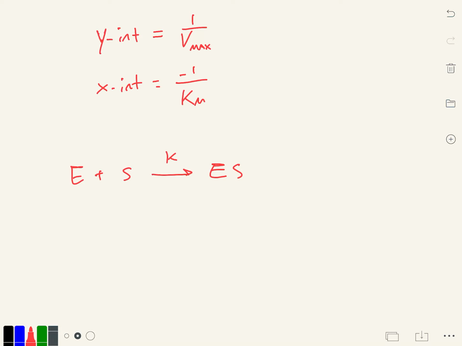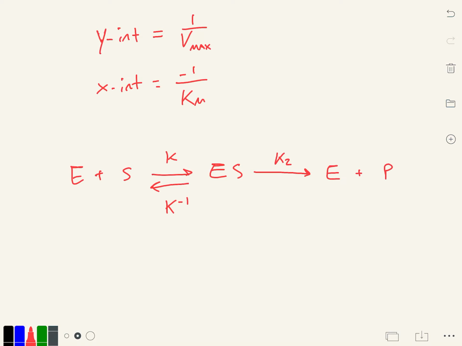Now the reverse reaction, ES going back into enzyme and substrate, can be described as just the reverse of that original equilibrium constant. Now these two are in equilibrium with each other. These two are the majority of what the reaction is doing.